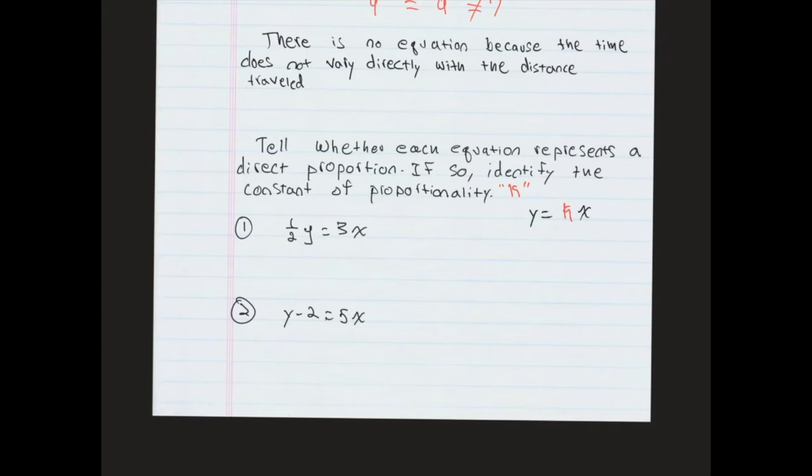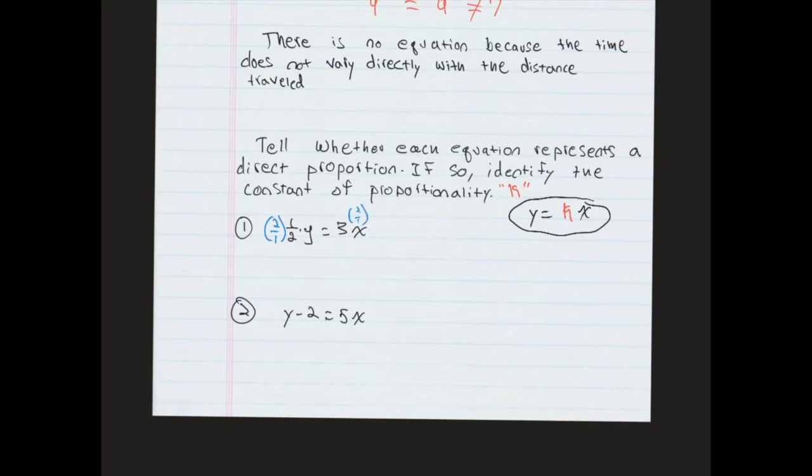So right here, what is happening to the y on number 1? Right now, it's being multiplied by 1/2. If I want to get this down so that it looks like y equals k times x, or some number times x, I'm going to multiply both sides by 2/1, because that is the reciprocal of 1/2.